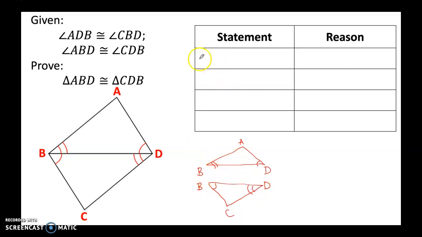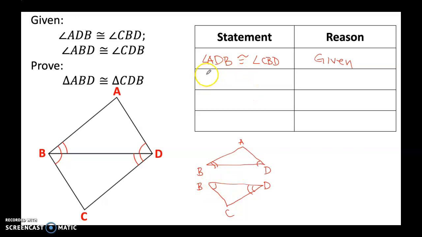As you can see, based on the given, angle ADB is congruent to angle CBD, reason given. So this is angle ADB with one arc marking congruent to angle CBD with one arc marking.